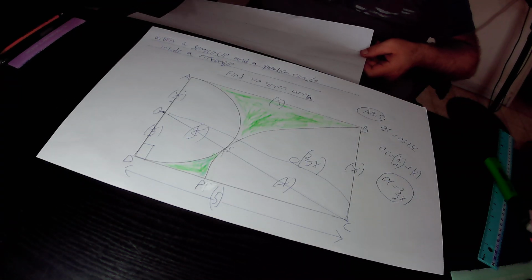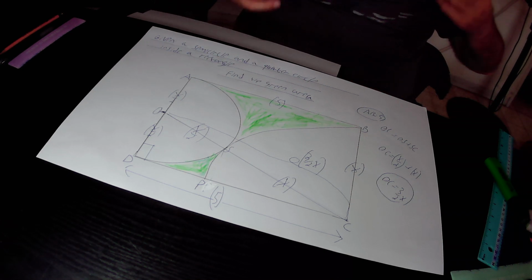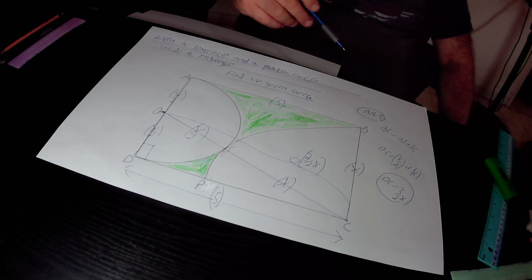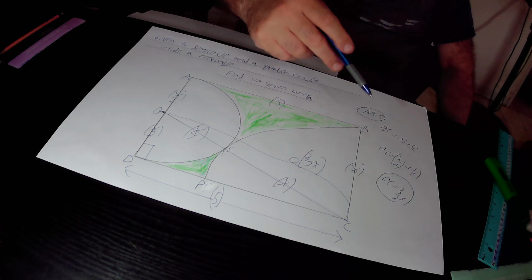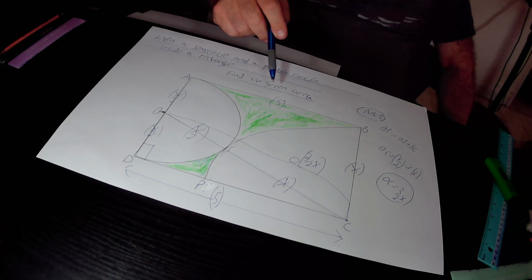So what is the area of rectangle ABCD? The area of any rectangle equals the length of the rectangle times the width. The length is x and the width is 5. So in total, the area of rectangle ABCD is 5x.